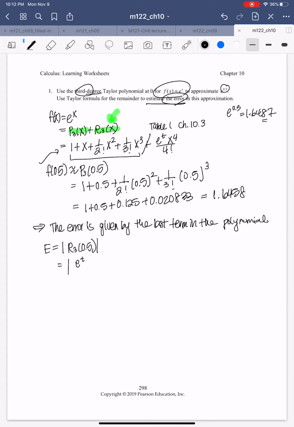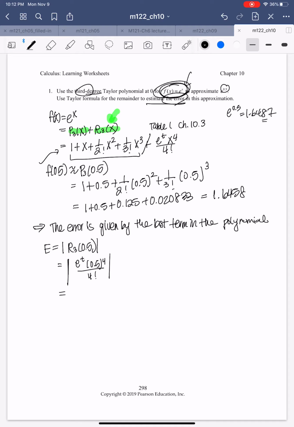e to the t, that's your function, right? e to the t, times 0.5 to the 4th over 4 factorial. Okay. And then let's pull out the calculator and do some algebra.